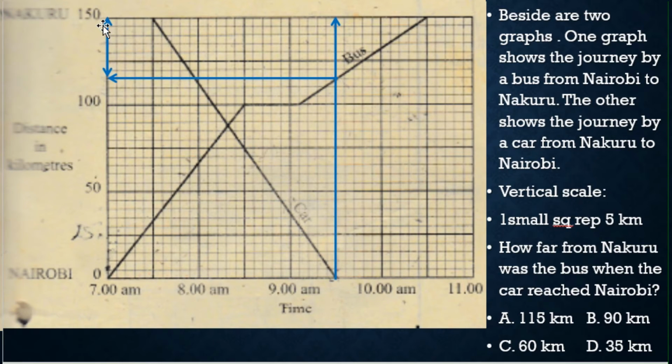And Nakuru is 150 kilometers. So it is how far is it from Nakuru? We take the difference, 150 minus 115. We get it has 35 kilometers to cover for it to reach Nakuru. So it was 35 kilometers away from Nakuru. I hope you have understood that.